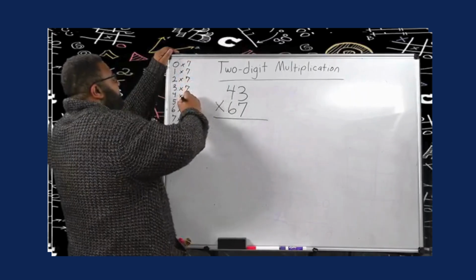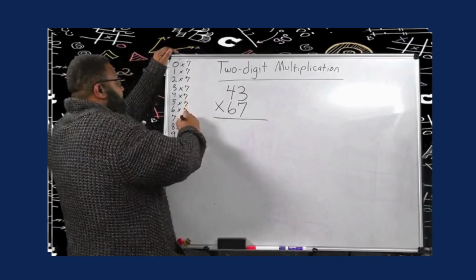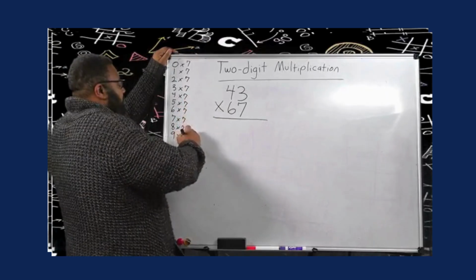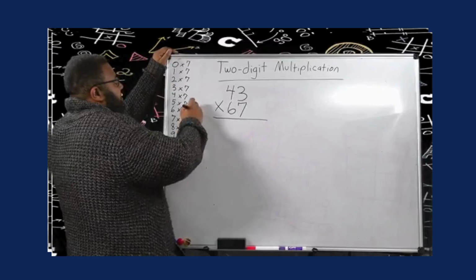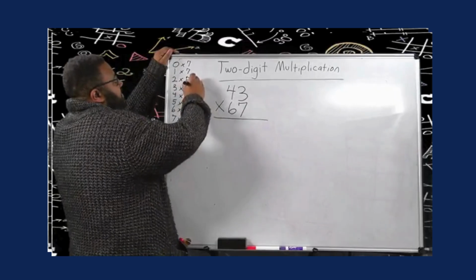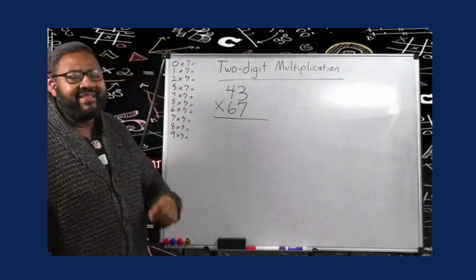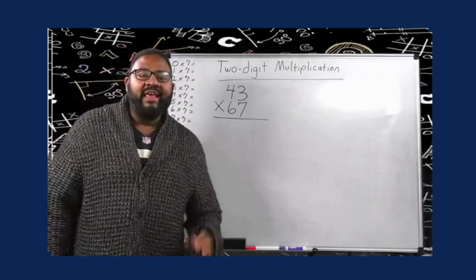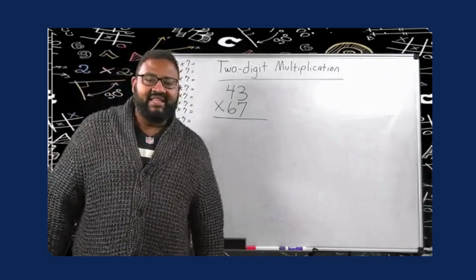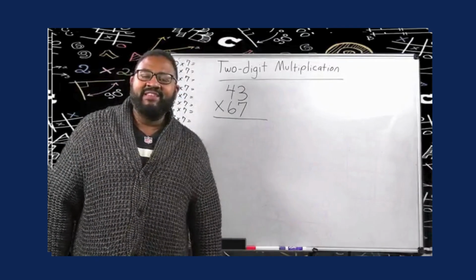Now, what does this mean right here? I'm going to be doing repeated addition with my sevens. Woo! Anything times 0 equals 0. Please understand that.